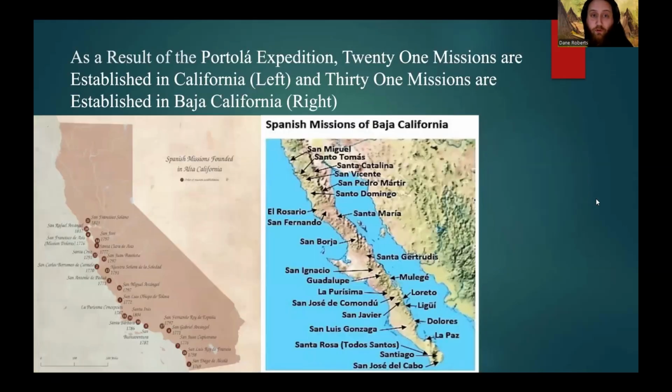As a result of the Portola expedition, 21 missions would be established in California, or what would eventually become known as Alta California, and we'll get into that in a second. And then 31 missions would be established in Baja California.